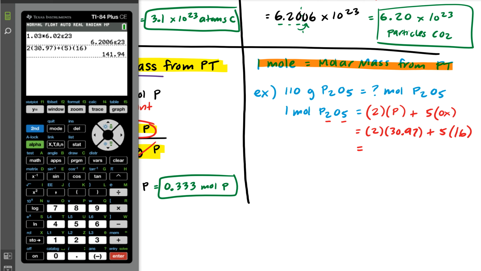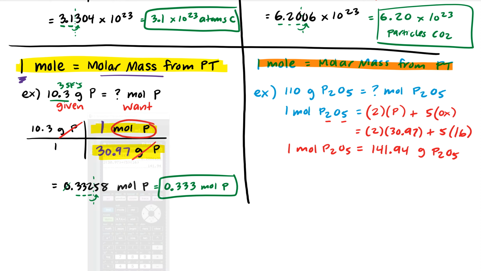And we get a molar mass of 141.94 grams per mole. So that means 1 mole of diphosphorus pentoxide equals 141.94 grams of diphosphorus pentoxide. That's going to be our conversion factor between these 2 units.